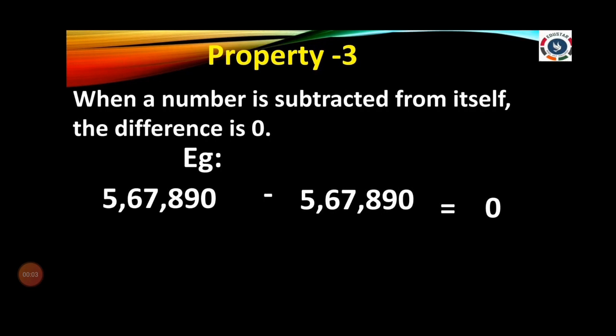Then property 3. When a number is subtracted from itself, the difference is 0. For example, 5,67,890 minus 5,67,890. Here both numbers are the same number. While subtracting the same number, we will get 0 as the answer.